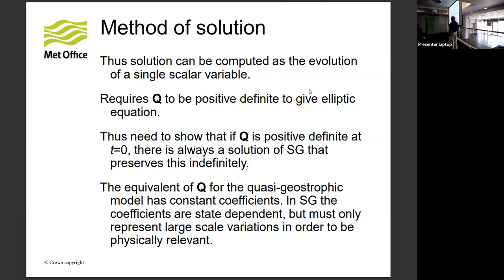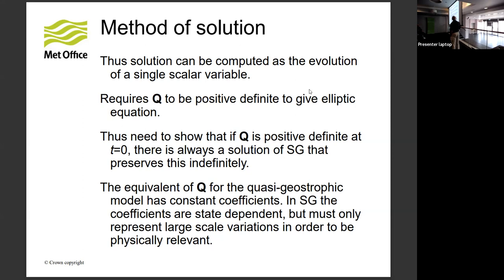So it's really important to be able to do that. And this is where optimal transport theory comes in, because optimal transport allows you to prove the existence of solutions with positive definiteness built into the method. If you do this with the quasi-geostrophic model, this is a constant coefficient definite matrix, so that issue doesn't arise at all. But QG is very simple mathematically in that respect.